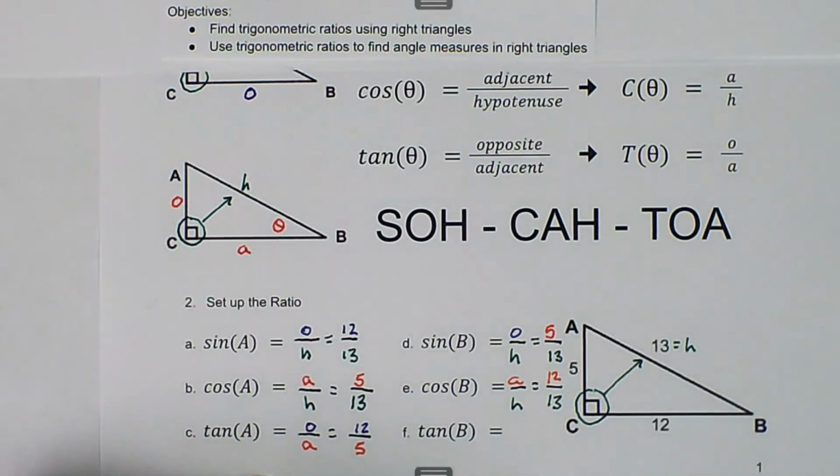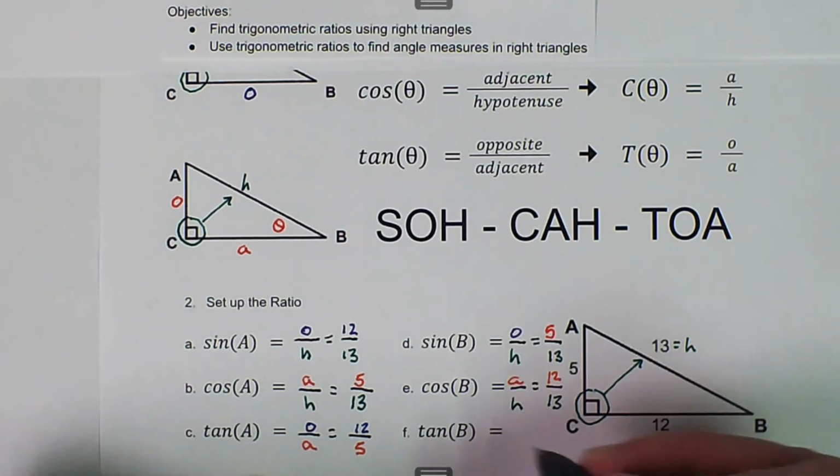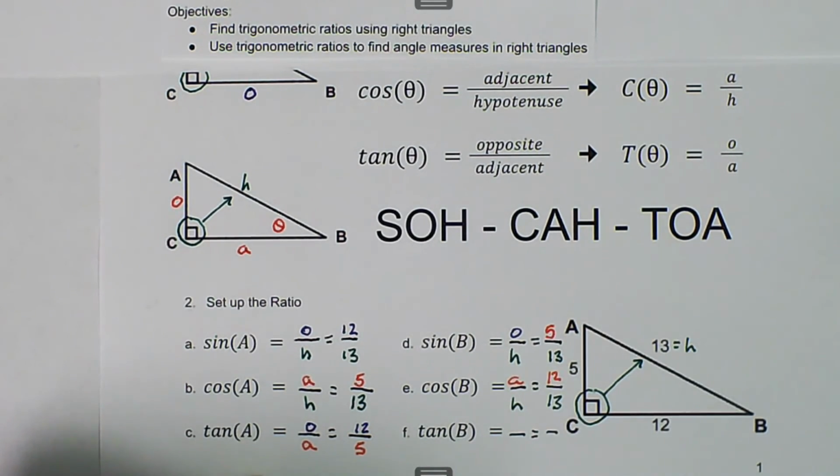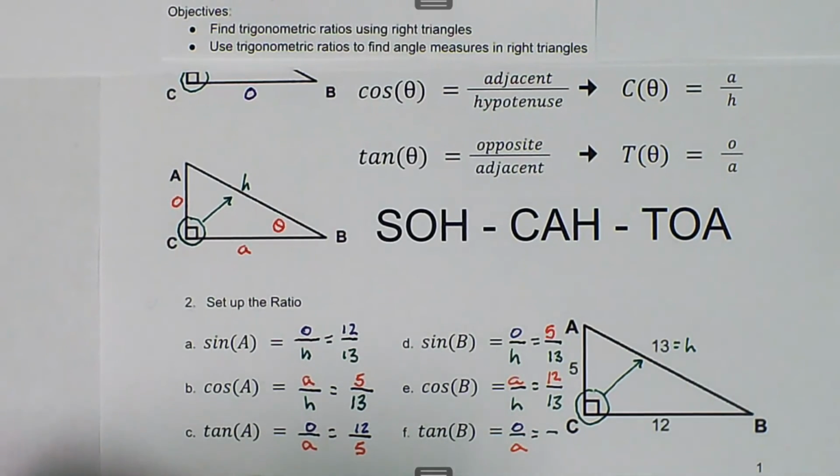And then tangent of B is opposite over adjacent. Opposite of angle B is going to be 5.